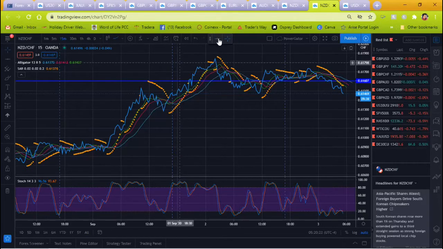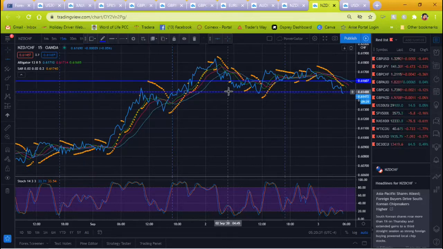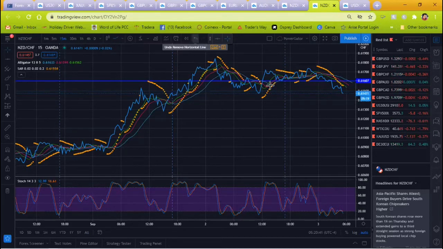So what we can do is, again, you can still use the crosshairs so you can see the areas where it has been touching. So right now we can see this dotted line right up under there. If I were to take that support line away that I just laid down, you can see the current price is here, and you can see that dotted line.